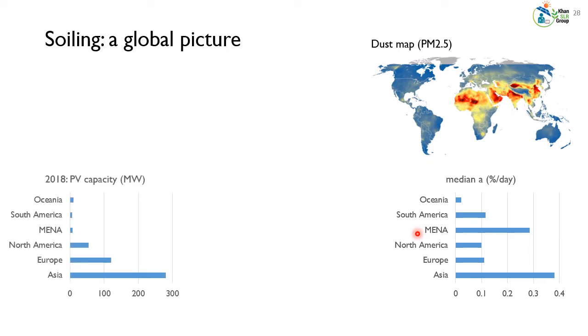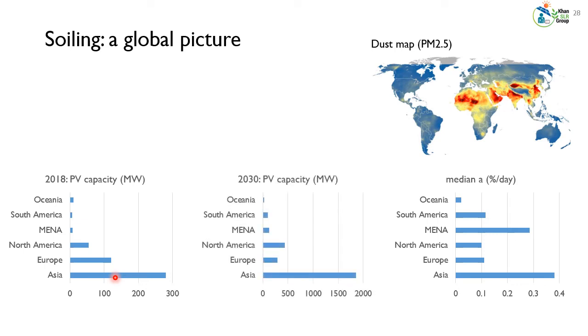If you look at the PV capacity, Asia leads by a lot compared to the other regions, and by 2030 this capacity is going to increase by 5-fold, which means you are going to keep on losing more and more money if you do not clean the panels optimally.